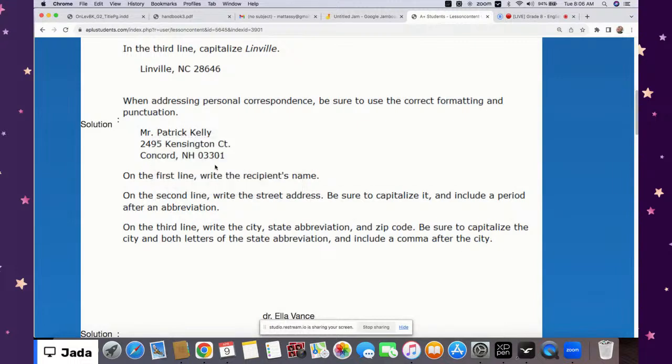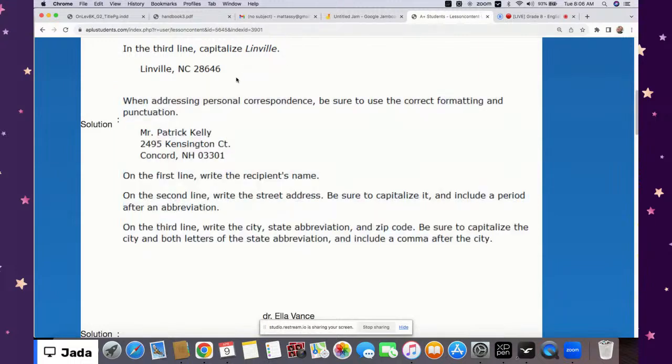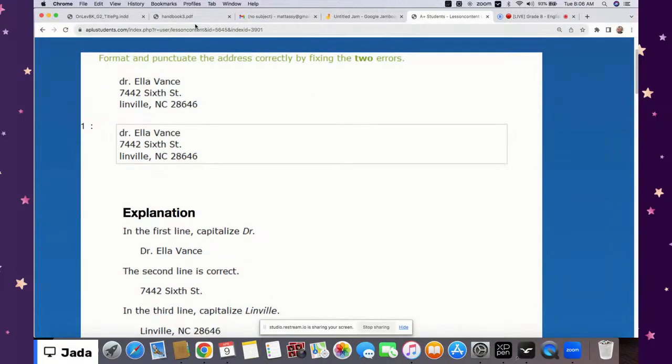So this is the city, you put a comma, and then make sure that you put the right punctuation because putting the right punctuation is very, very important. Now, looking at this here, this is an example. Format and punctuate the address correctly by fixing the two errors.